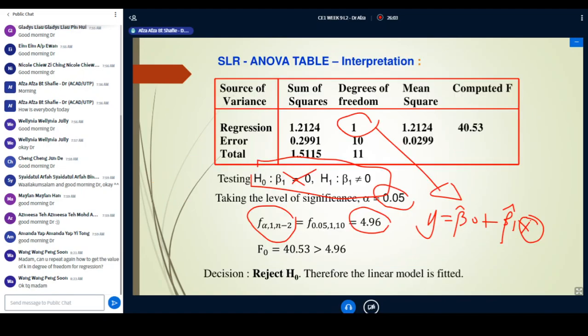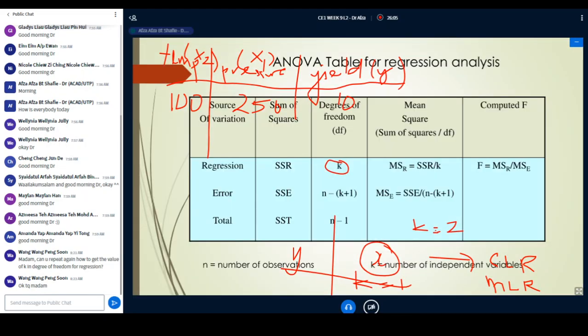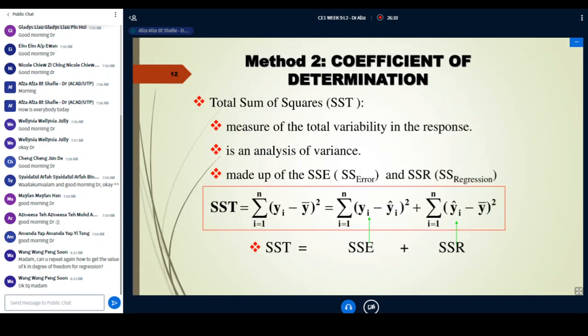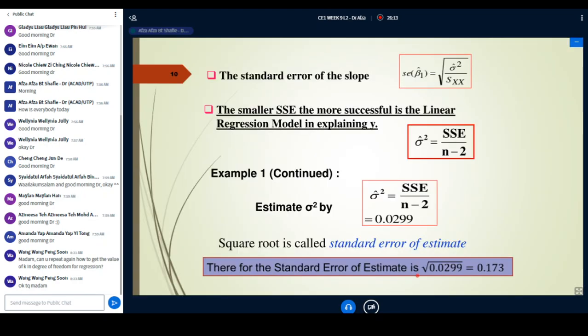This value is the one that you calculate using this formula, taking the square root of SSE divided by n minus 2, and you get a value of 0.173. So this is the standard error, which is shown in the printout.